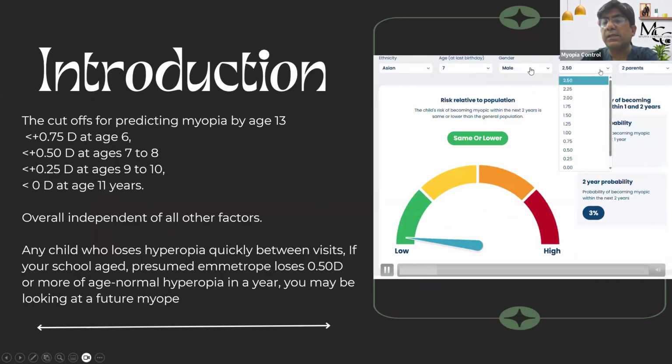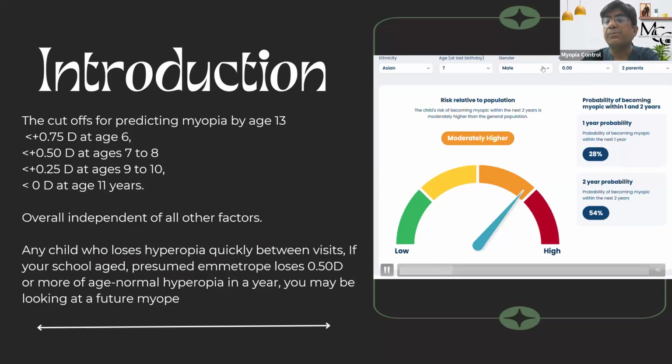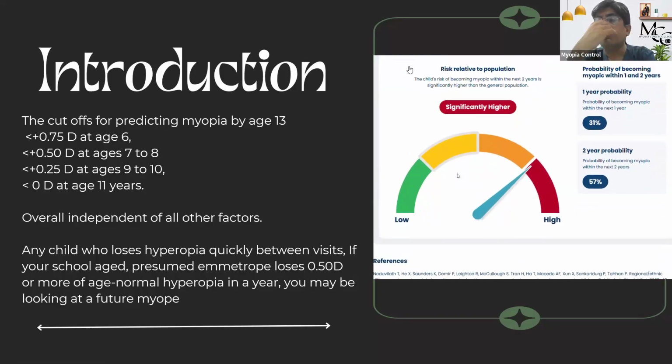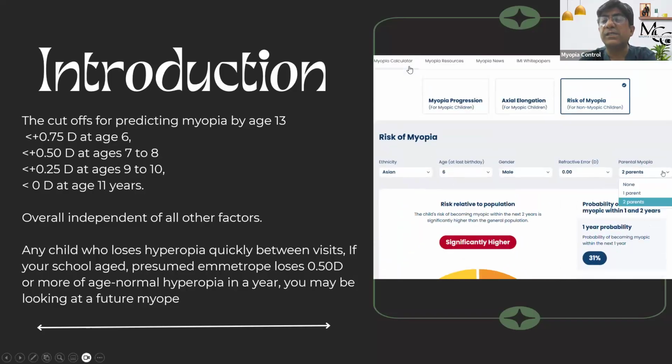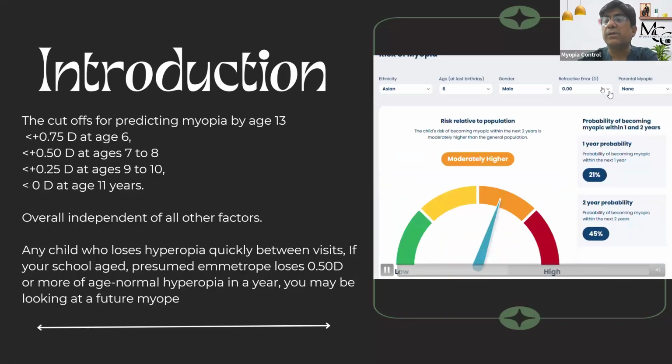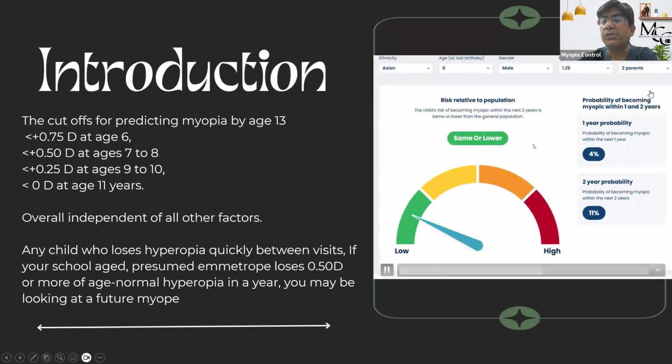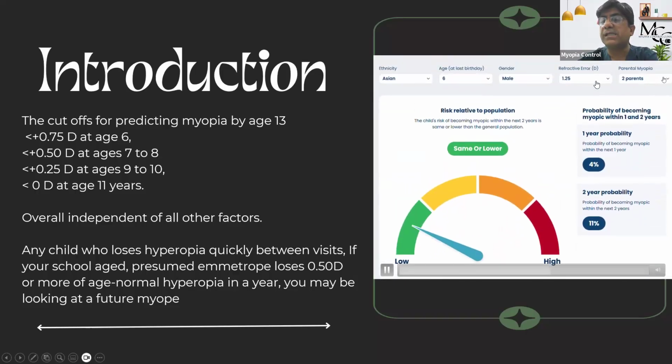So gender really doesn't make a difference. If you see properly, the baseline refractive error is important, and parental myopia is important. If you keep looking at the video, I would be changing the parameters, and the most important parameter here is, once I change the baseline refractive error, that is the key, number one.